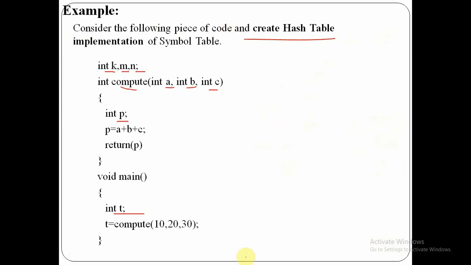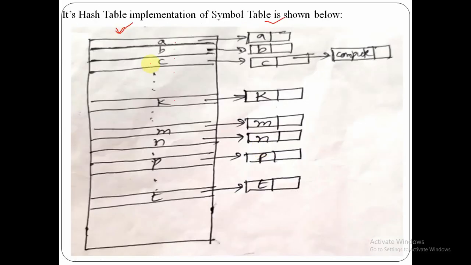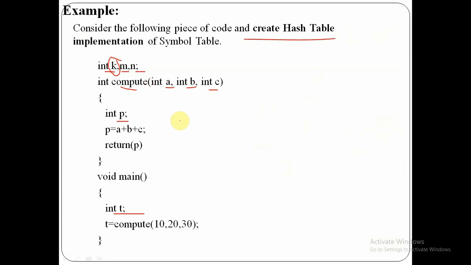See the first symbol in the code. The first symbol is k. So I have to find the hash function of k. Suppose here it gives k because of alphabetical order. So k will be added as a node in the linked list whose index is pointed to by k in this hash table. This is the adding process. Next one is m.